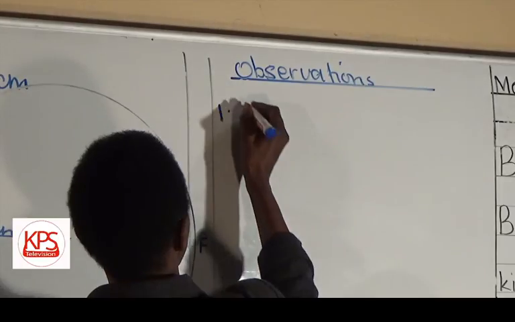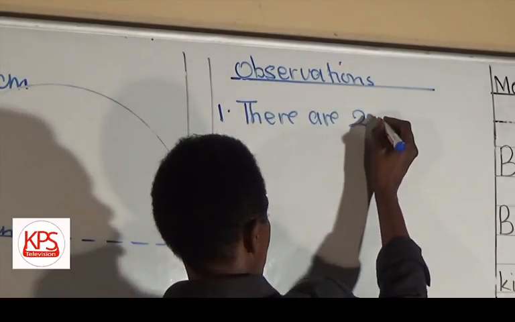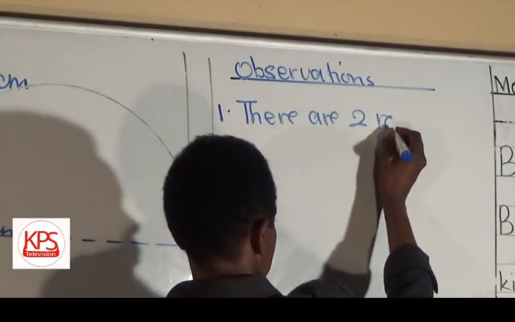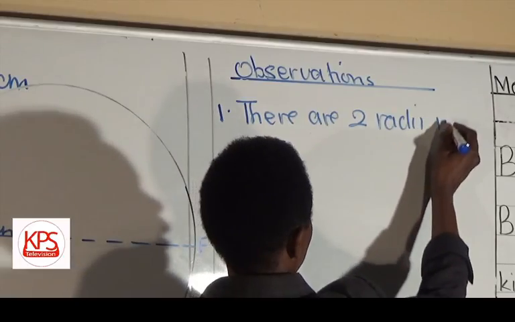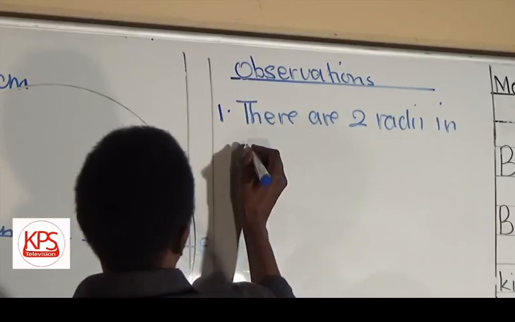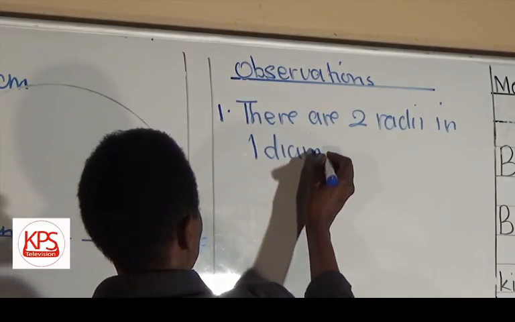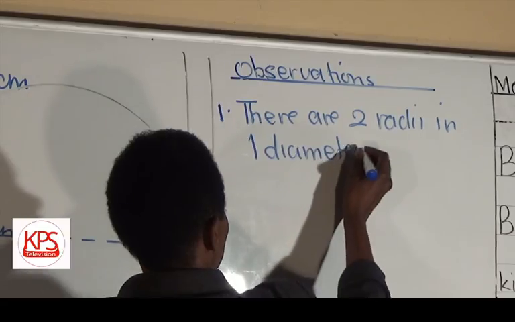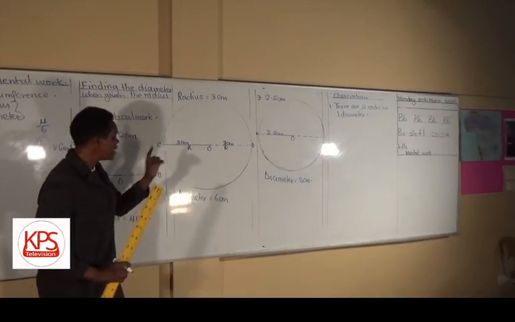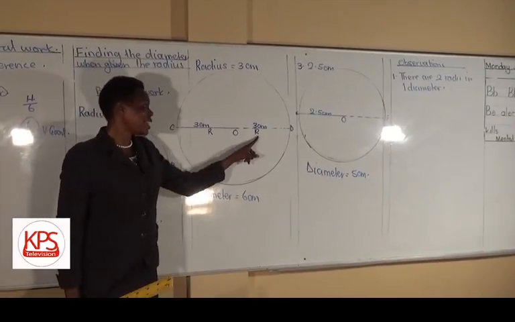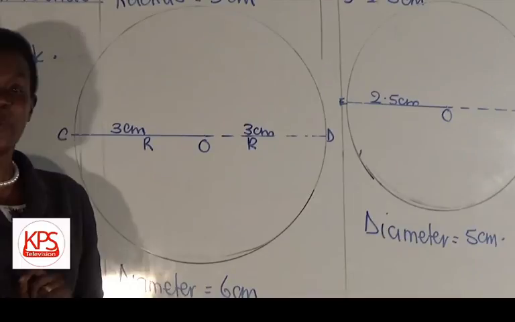One, I've seen that there are 2 radii in 1 diameter. That is the first thing I've seen. There are 2 radii in 1 diameter. One here and there's another one here. When we add this and that, we get the diameter.